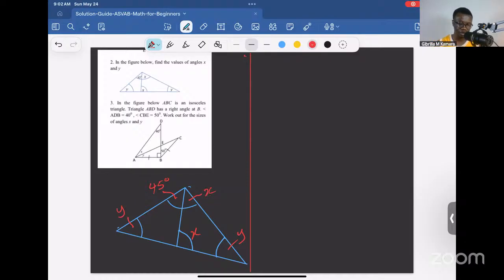So I want to start by labeling this so we can find it very easy to solve. Let's say this is A, this is B, here, this is C, and this is D. We are done labeling. So now it's going to be very easy for us to solve.